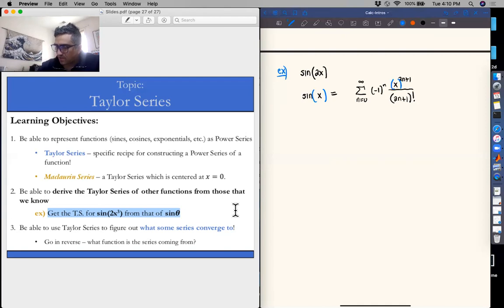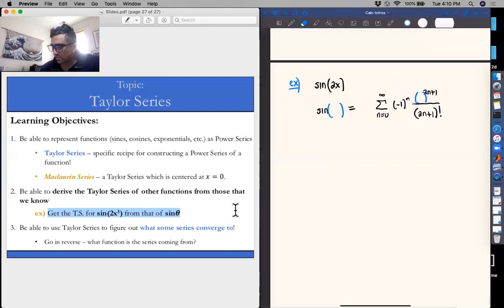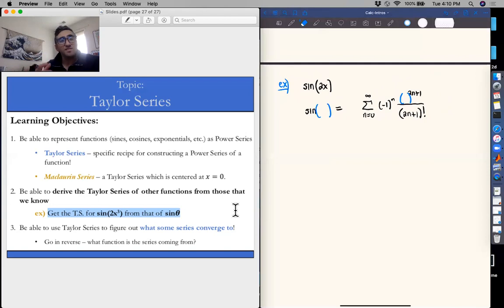Then the next step is to go inside of those parentheses and get rid of those x's. So now whatever we put inside of those parentheses, we have the series on the left and its corresponding Taylor series representation on the right. So we're going to put a 2x inside of those parentheses because, again, that's the argument of sine that we want from the original function.